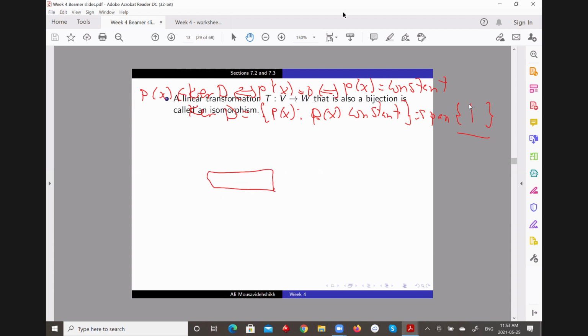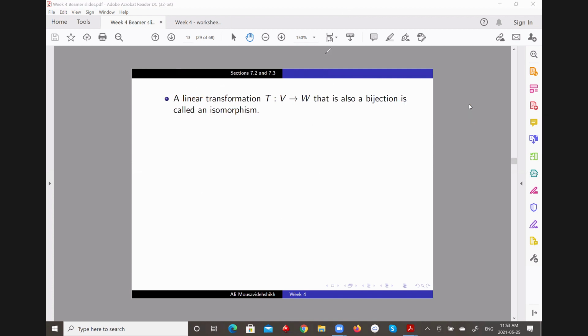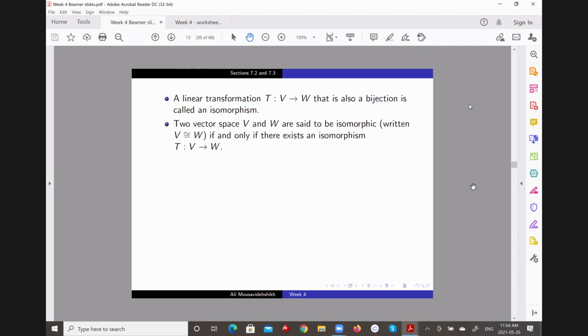Let me erase this. A linear transformation T from V to W that is also a bijection is called an isomorphism. So linear transformations that happen to be also bijections are called isomorphisms.